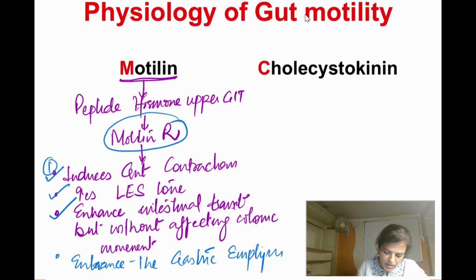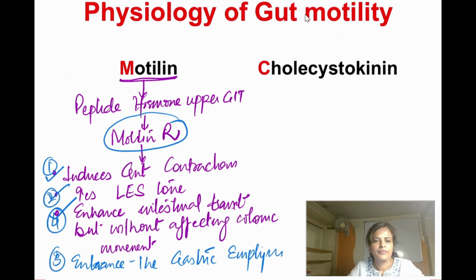So this is number 1, number 2, number 3 and number 4. There is one group of drug which is going to stimulate this motilin receptor, that is the macrolides group of drug.